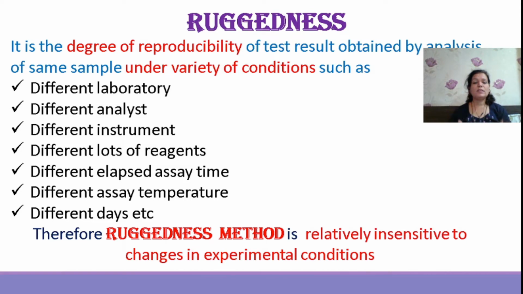So these are n number of variations. Even so, if I am able to produce the test result, that is the ruggedness of the method. So all the experiments you have performed from your 11th standard have good ruggedness. They are reproducible every year by every batch of students.